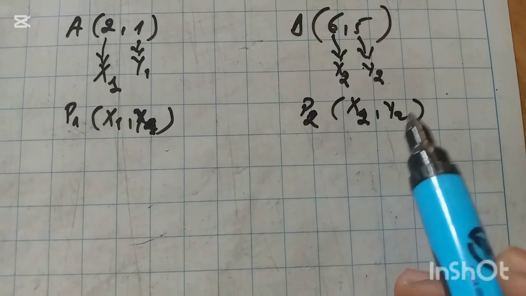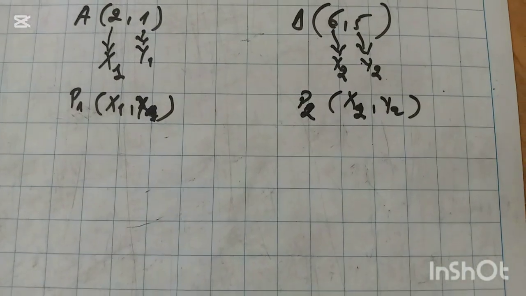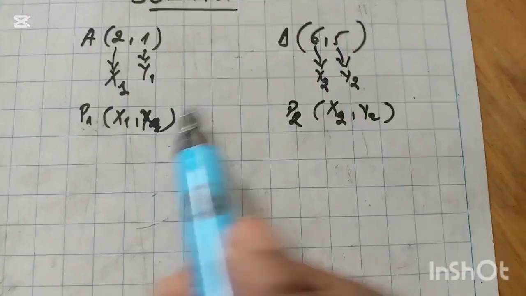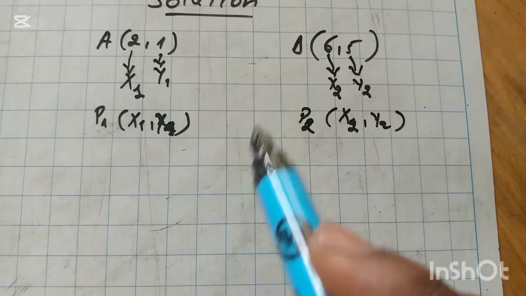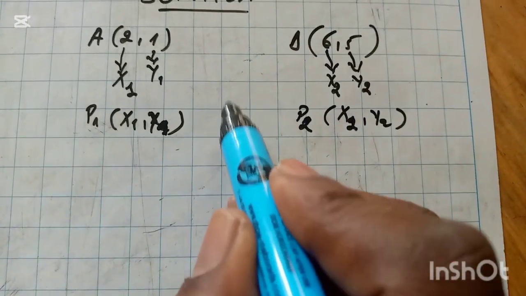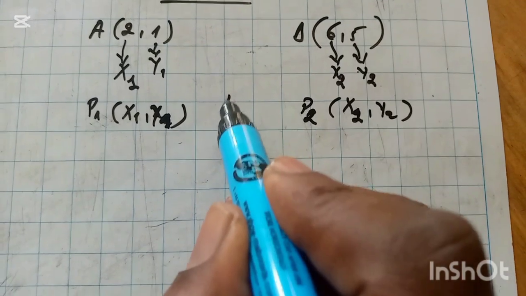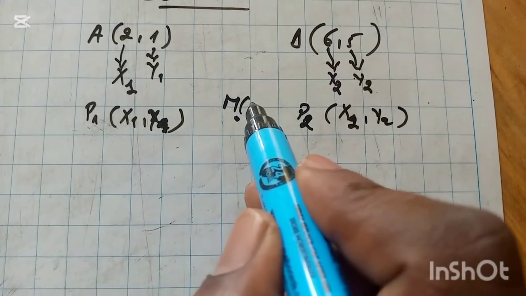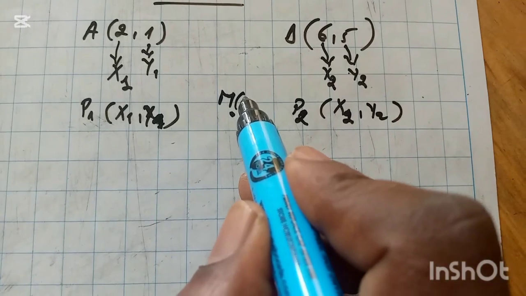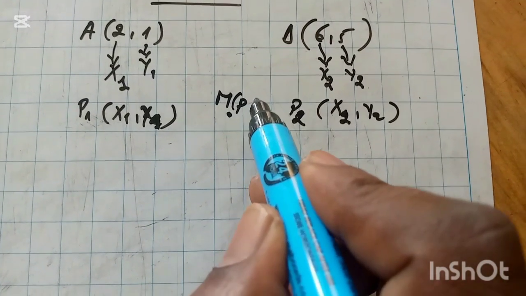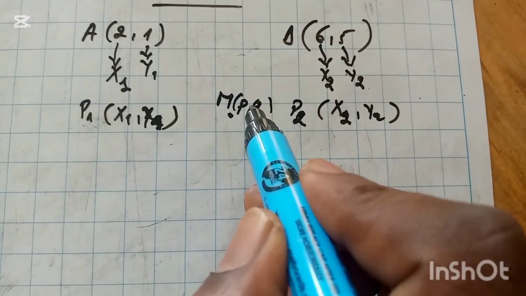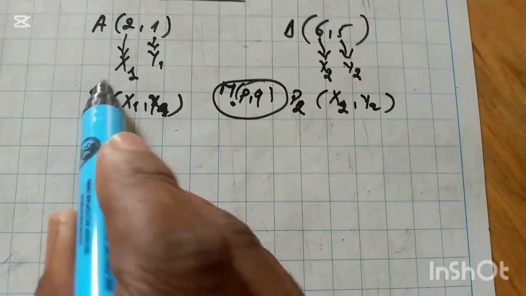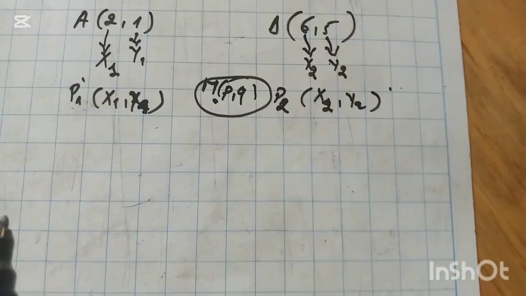Right? Then between those 2 points, we have a midpoint, which is point M. This point M will have coordinates like P on X and Q on Y. This is the point between 2 points, right?